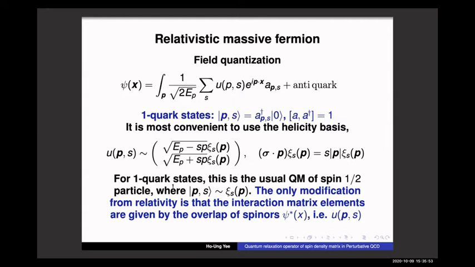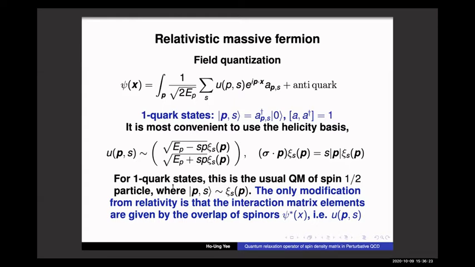In that case, basically, the problem is a simple quantum mechanical problem of one particle. The only modification from relativity is that the interactions are given by a relativistic interaction form, which involves the spinors. Other than that, the basic framework is just simple quantum mechanics.